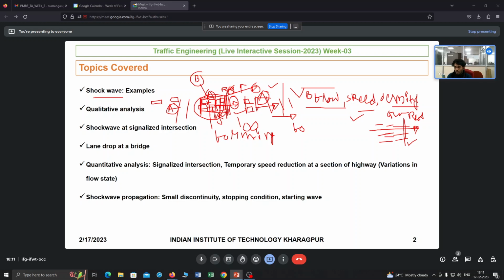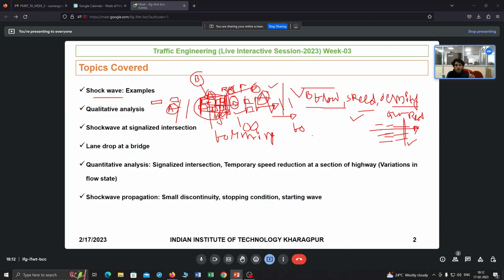Actually it is recovery, because as the shock wave is propagating in the forward direction, less and less vehicles are there, so the vehicles are dispersing. It is not that as the shock wave propagates there are more vehicles. In the earlier case it was stacking up the vehicles, here it is dispersing the vehicles, right? So that's why it is called the forward recovery shock wave.